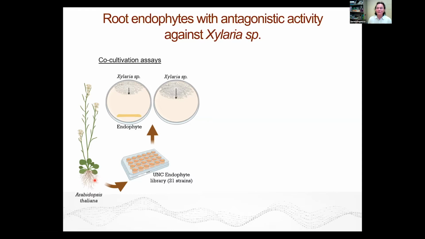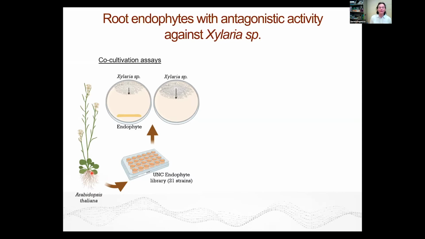And what I did, I basically got in touch with some of my colleagues at the University of North Carolina, Chapel Hill, a lab which has been working for a long time on root microbial communities, but they've been working on the root communities isolated from this tiny plant. It's called Arabidopsis thaliana. It's a weed actually, but is a model system for plant biologists.